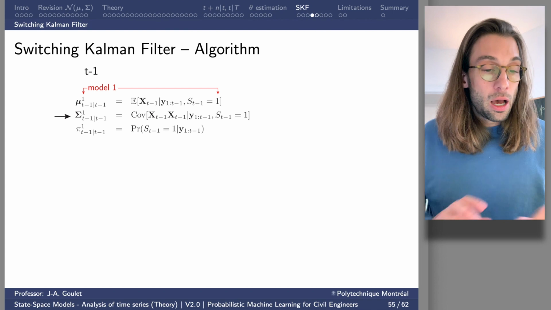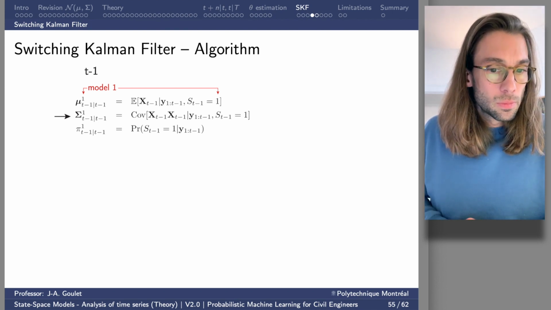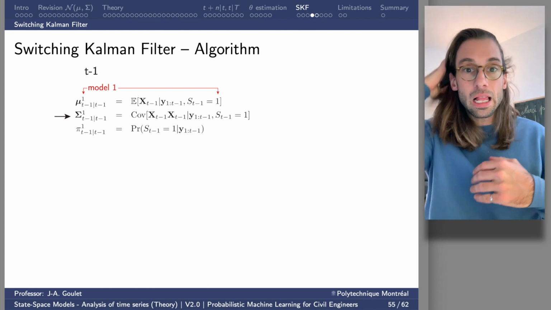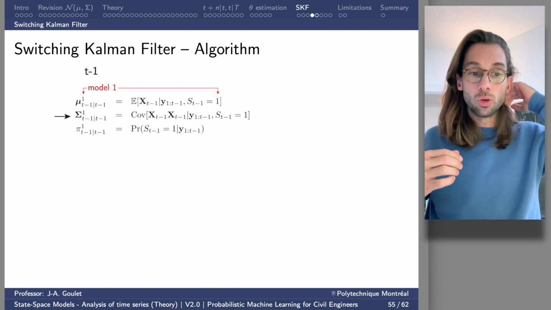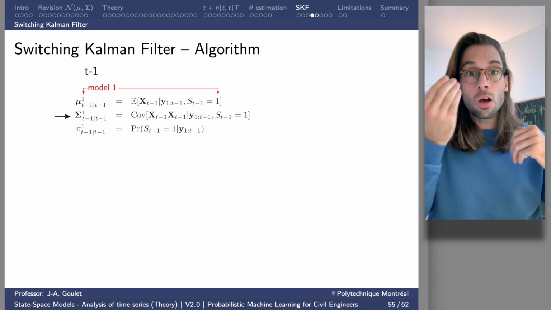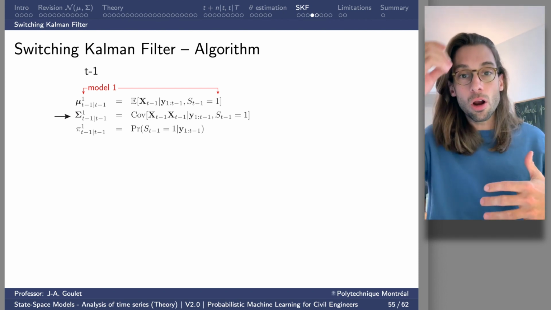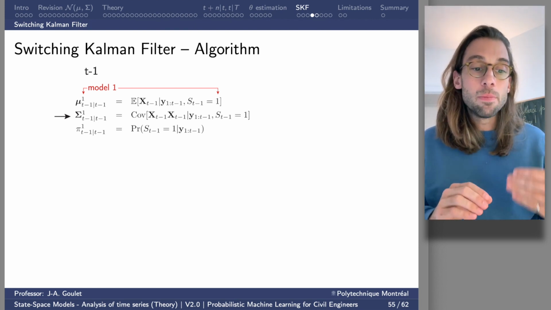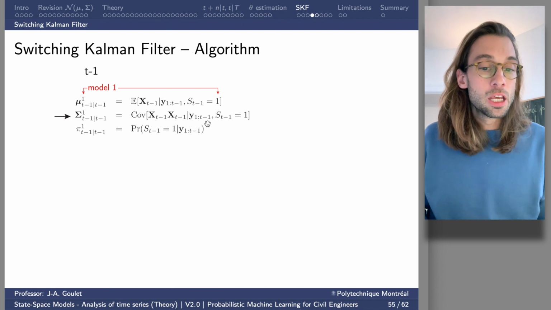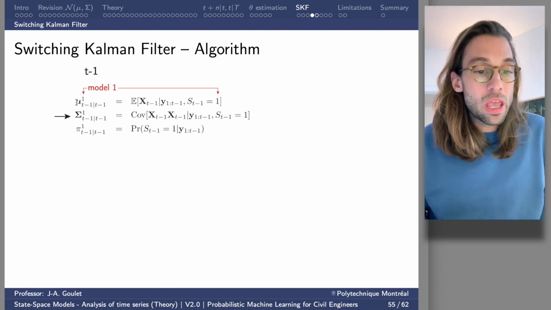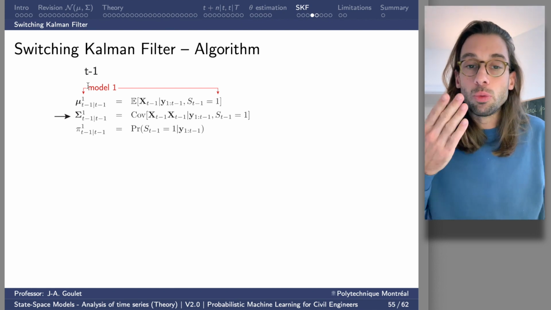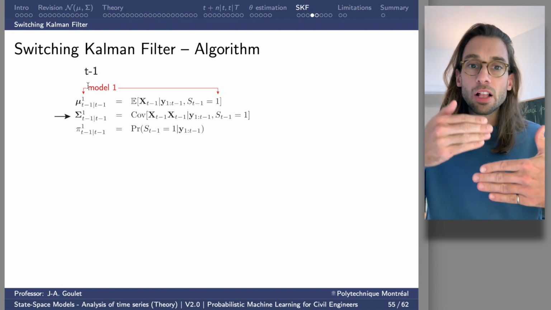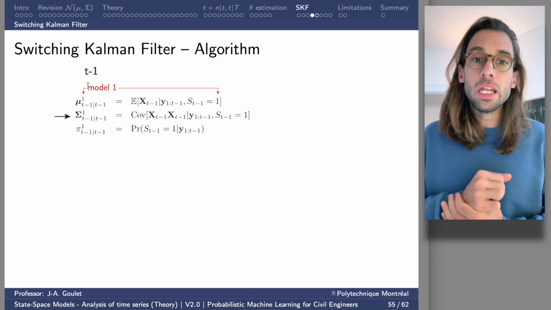So now let's look in more detail at that switching Kalman filter algorithm, the notation, and also how we put together all these things. So let's go from our prior knowledge at time t-1. Okay, so here the notation is that we have several models that we put in competition. Right now we're going to limit ourselves to 2 models competing with each other.